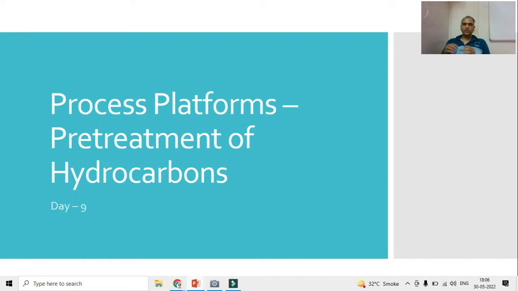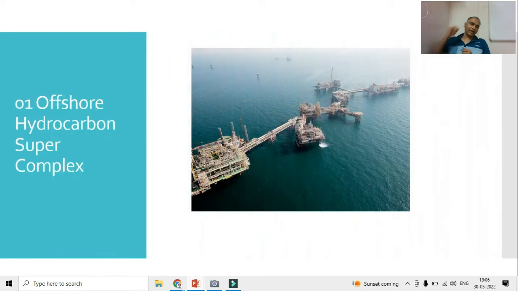So I will give a brief overview of these process platforms. Process platforms basically are the heart of the entire offshore oil field, we can say. And what is this process platform?